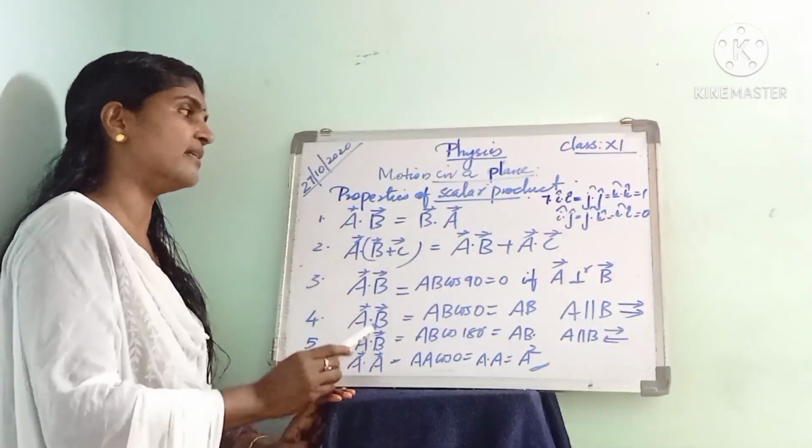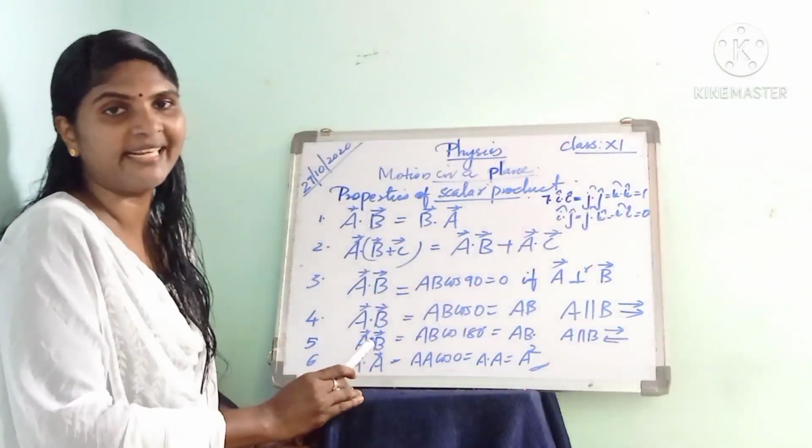Then the second property is that scalar product is distributive over addition.